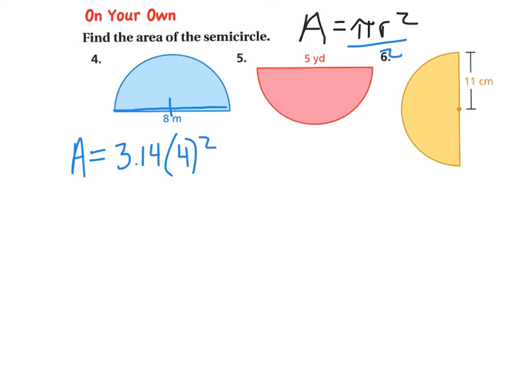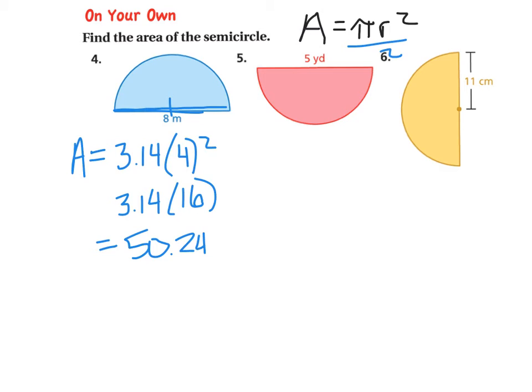And then square it. Okay, you guys may use calculators through this. 4 squared, which is 4 times 4, which would be 16. So you have 3.14 times 16. And you should get 50.24. Okay, now that's for the whole circle.